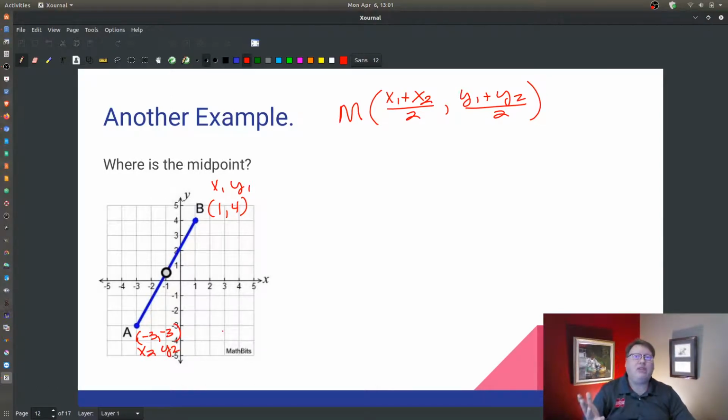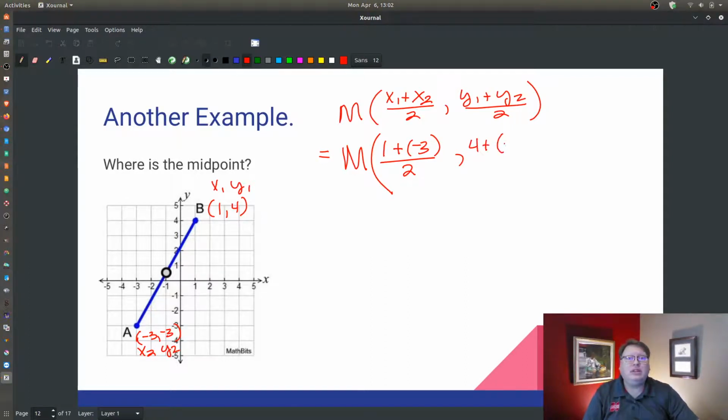Alright, so now all we have to do is substitute into our formula and do some simplification, and we'll have our answer. So our midpoint is x1 is 1, plus our x sub 2 is a -3, divided by 2. Don't forget the division by 2. And then y1 is 4, plus, this is also a -3 for y sub 2, divided by 2.